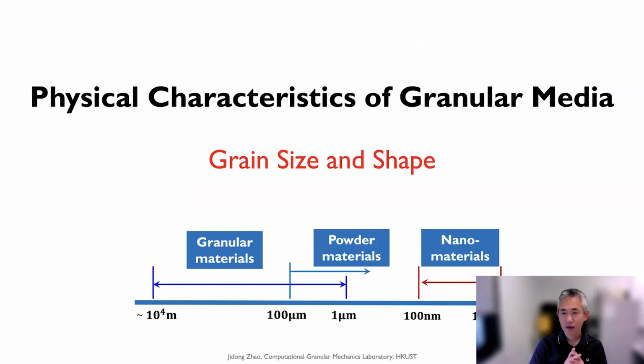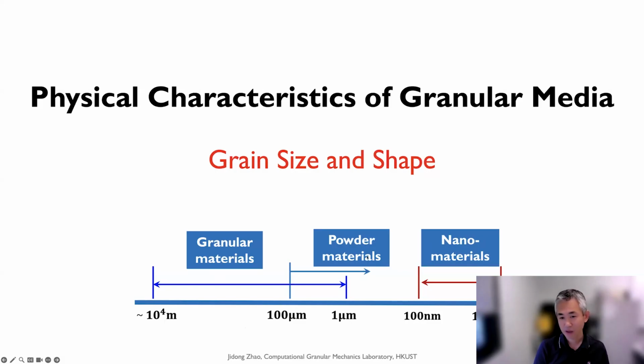Okay. And I'll briefly introduce some fundamental characteristics of granular materials. First, the physical characteristics. Grain size and shape matter here. They roughly plot the size range here. We call it granular, in a general sense, if the grain size is between 10 to the power of minus 4 meters and up to 1 millimeter.